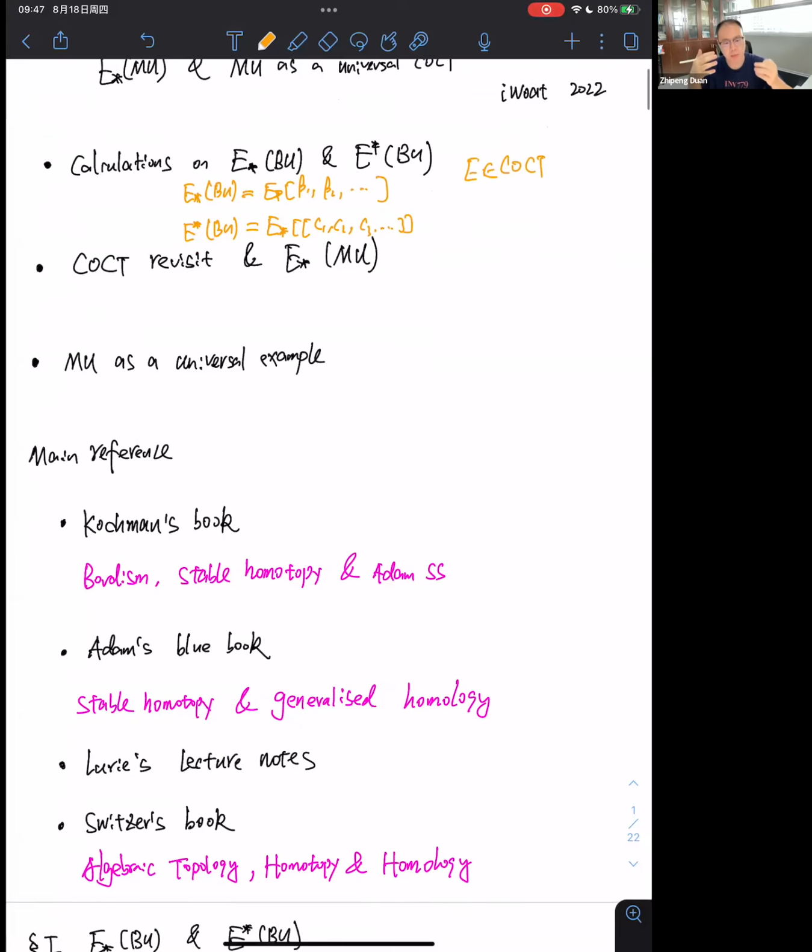In the second part, as you saw in the last lecture by Yutao, he showed 2 definitions of complex-oriented co-homology theory. I will give a short proof of why these 2 definitions are equivalent.